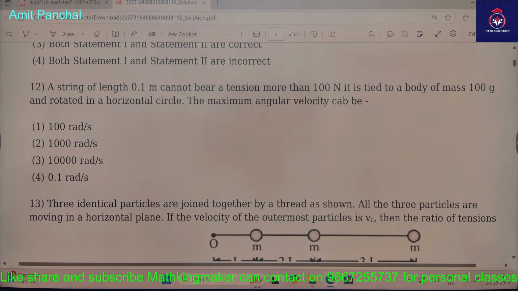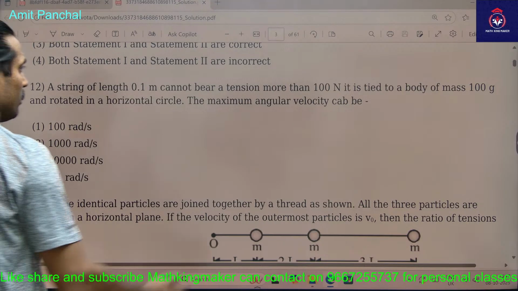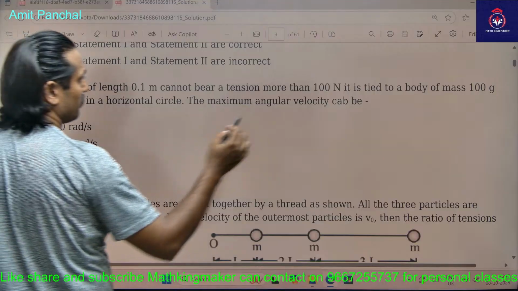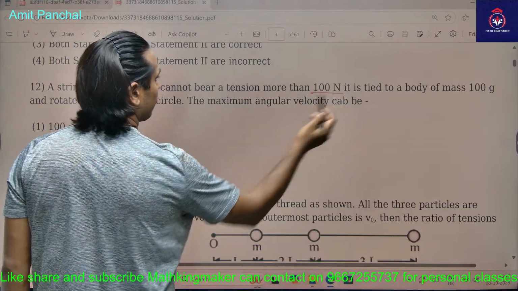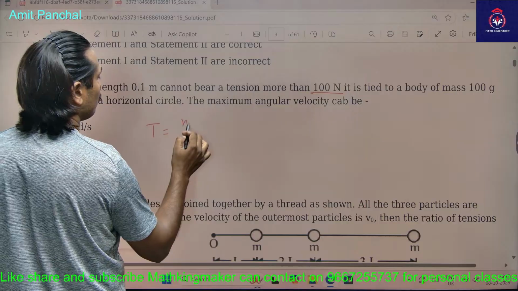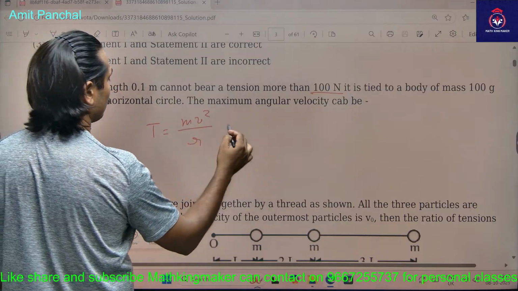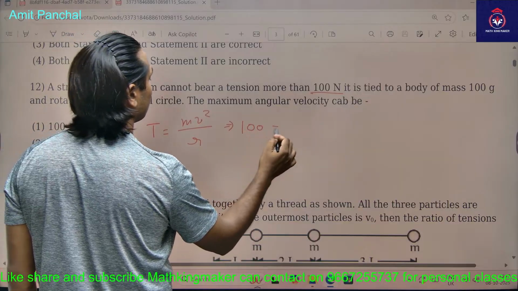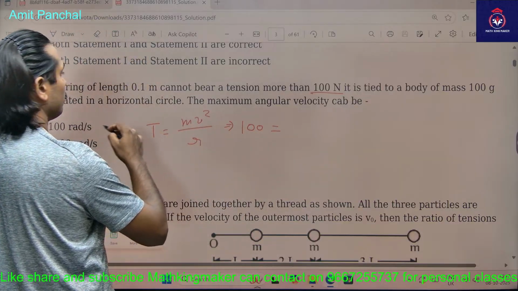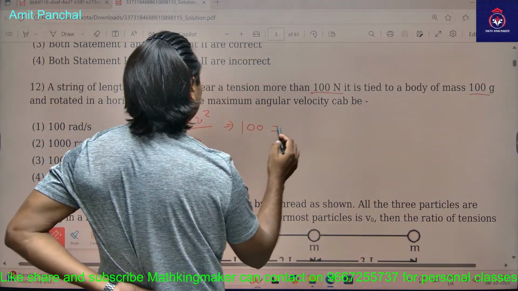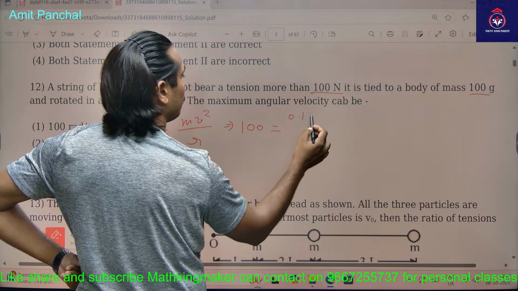Whenever your tension is maximum, that will be equal to the centripetal force, isn't it? Tension will be balancing that centripetal force. So your T is 100, M is 100 gram, so that means 0.1.